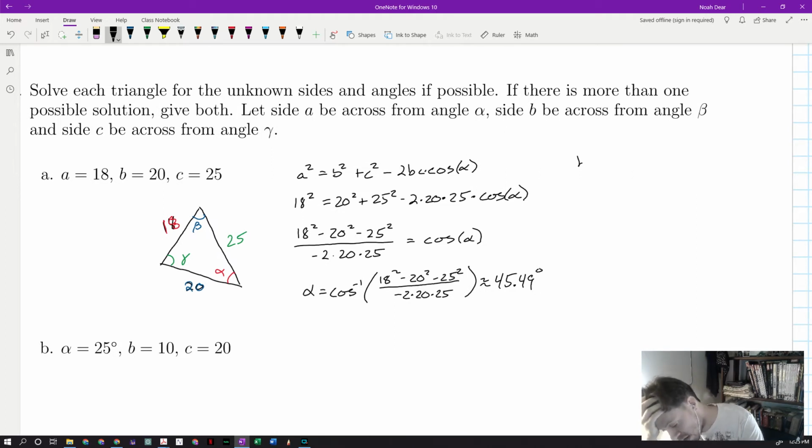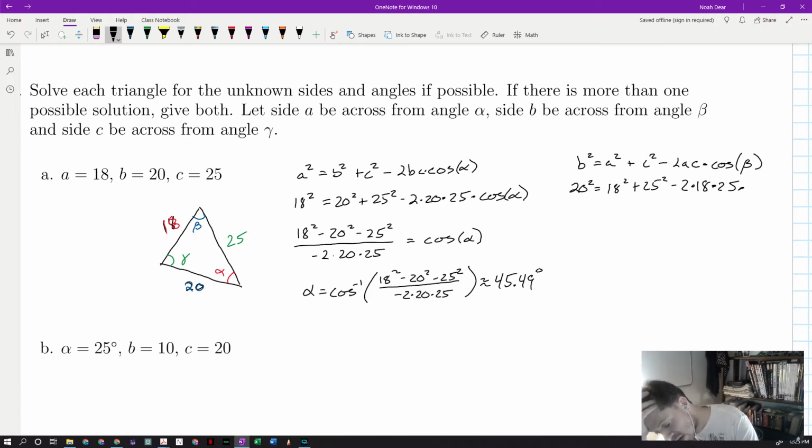Let's do beta. So B squared equals A squared plus C squared minus 2AC times the cosine of beta. So I've got then 20 squared equals 18 squared plus 25 squared minus 2 times 18 times 25 times the cosine of beta.